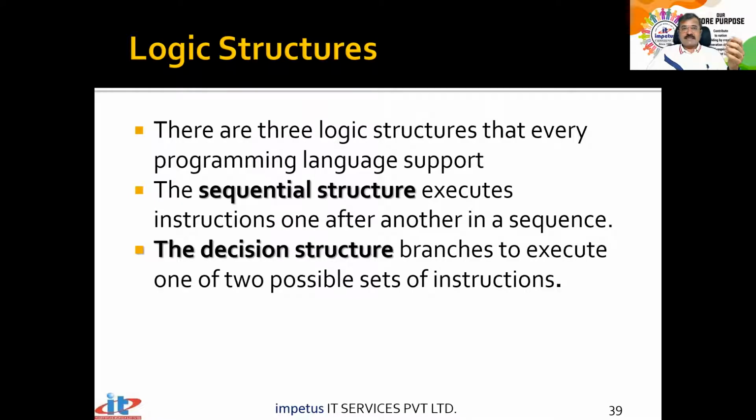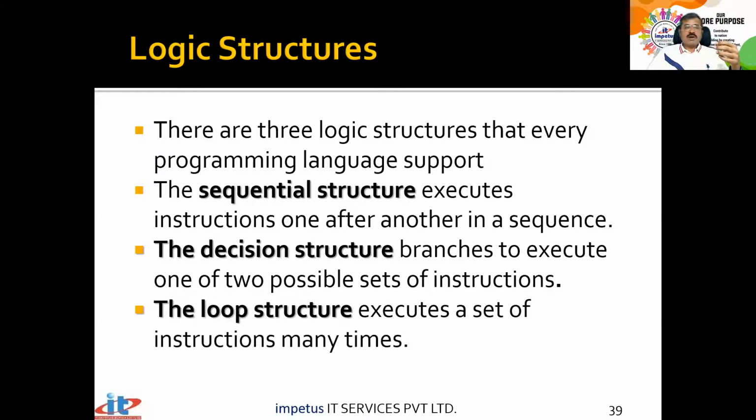There is a decision construct, so there are different possible courses of action that you can follow. There are branches. You'll either go this side or you'll go that side, depending upon some condition. Or there is a loop structure, or we also call it iterative constructs, which enables you to execute some set of instructions repeatedly. So these are three basic constructs that we have to master.